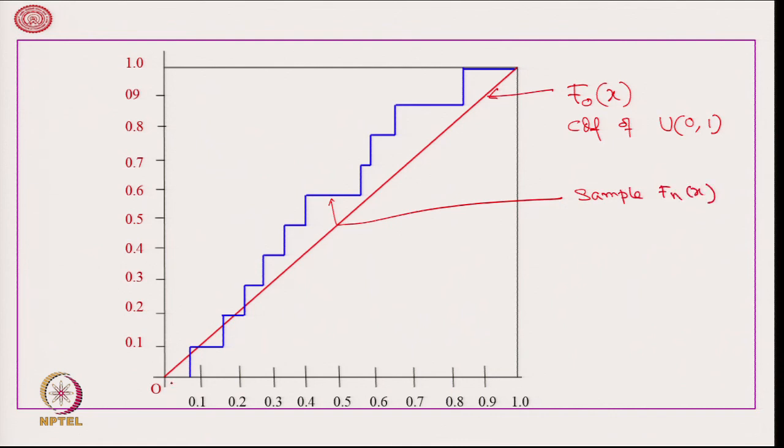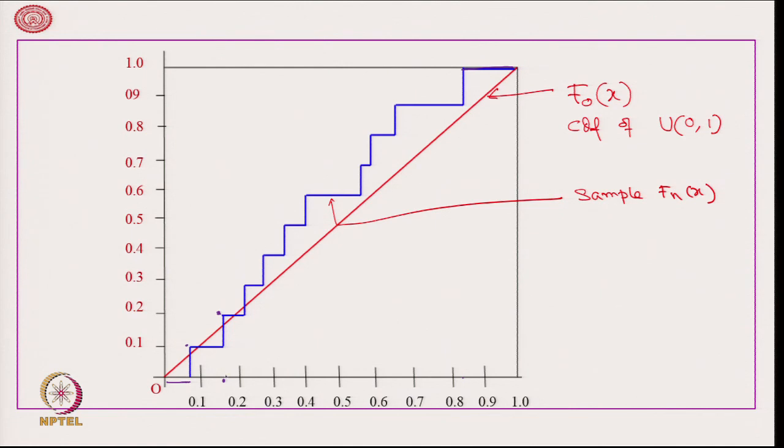So, what is happening? Till 0.08 it is 0, at 0.08 we get one observation, therefore it goes up to 0.1. Then the next observation is at 0.16, therefore it jumps up to 0.2, and like that the last one is at 0.85 and that gives a jump up to 1.